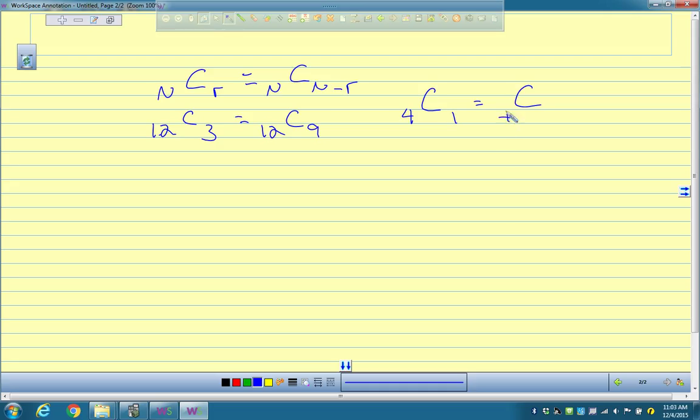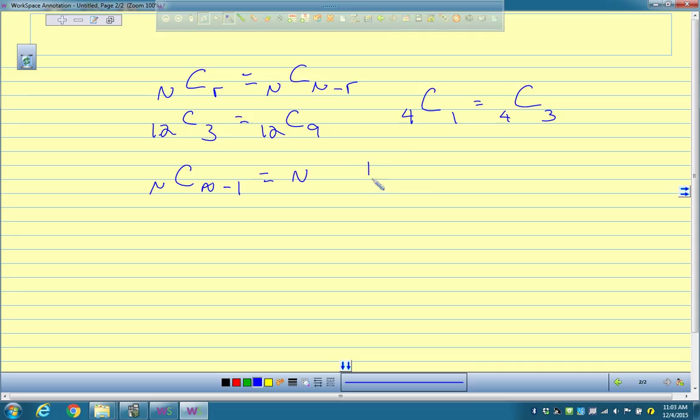Yes, I did. And 4 combination 3. So this combination is equal to this combination, this minus this. Okay? Some other properties of combinations is that n combination n minus 1 is just equal to n.